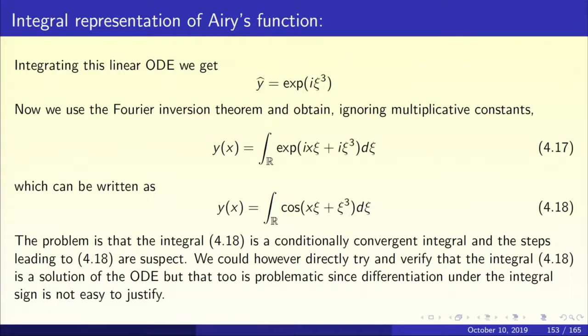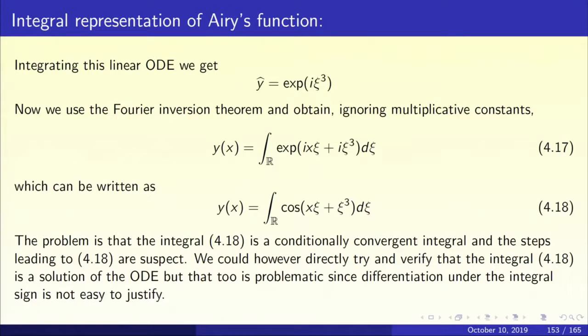Now we should proceed in good faith and appeal to the Fourier inversion theorem. So we should recover y from y hat using the inversion theorem. Again, there is going to be a 1 upon 2 pi factor in the inversion theorem, which I am going to ignore, and I am going to get y of x equal to integral over R exponential of i x chi plus i chi cube d chi, equation 4.17 that you see in the slide.